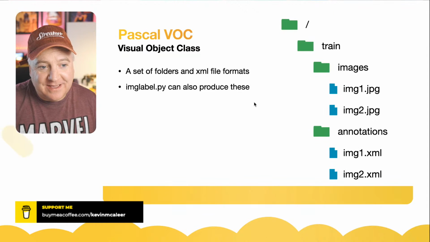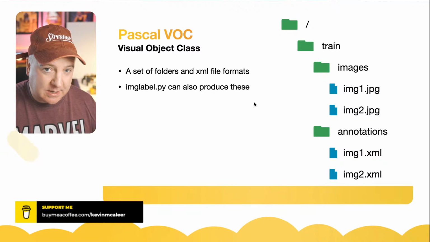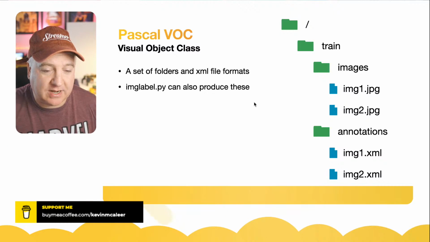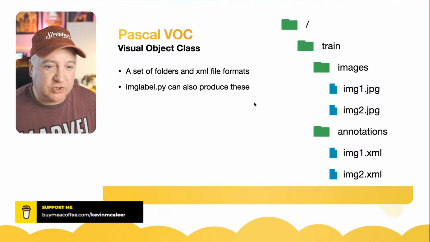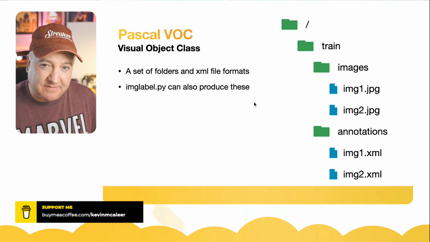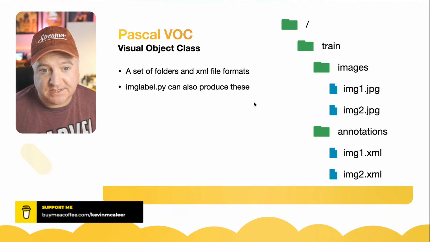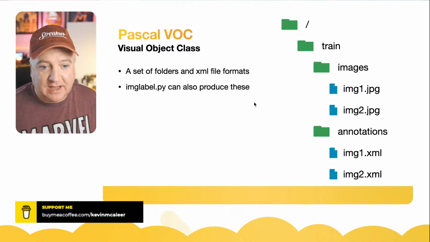So, Pascal VOC. There is a particular format that we need for storing and creating these files, and a lot of the tools are based around this Pascal Visual Object Class format. It's just a bunch of folders. Within those folders, it expects certain folder names and file names. For example, in the images folder you can have a whole bunch of images, and then you have a corresponding XML file for each image.